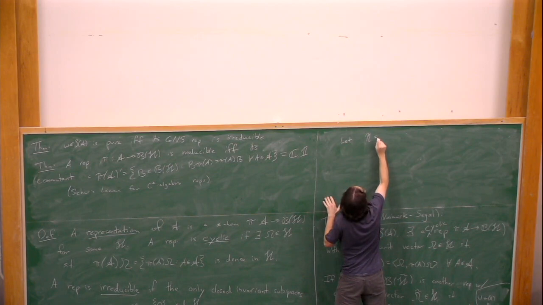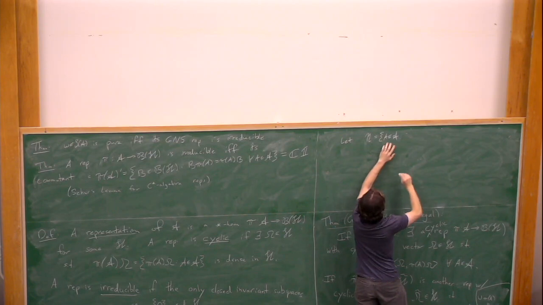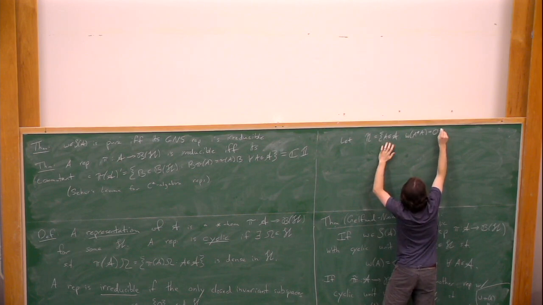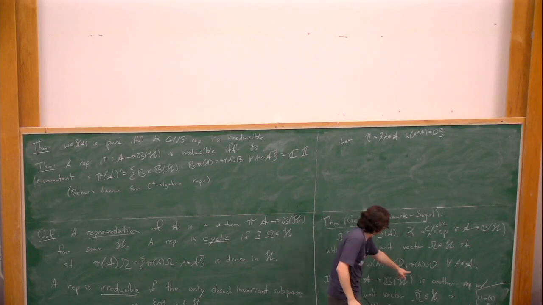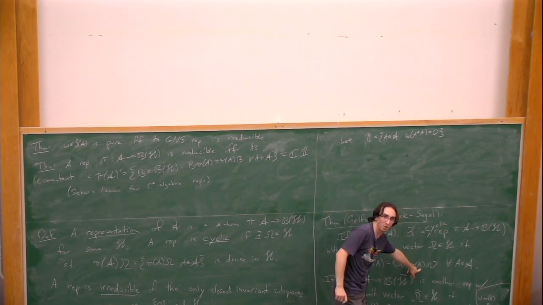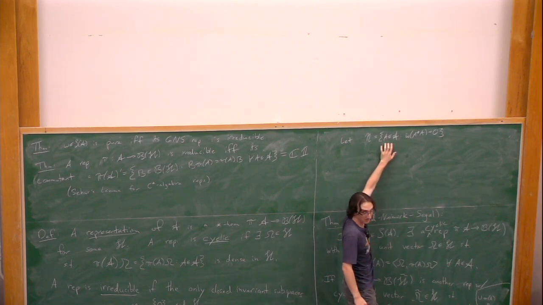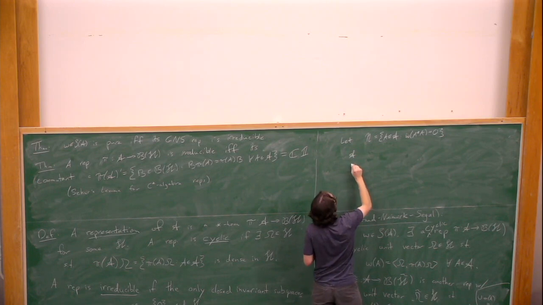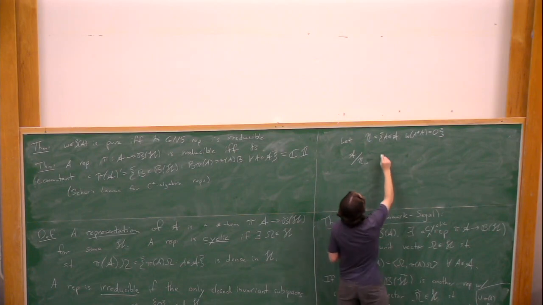Let me call it N. This is the set of A in the C-star algebra such that omega of A star A is equal to 0. If you plug in A star A here, that means that the norm of pi of A omega is 0. So this is the set of operators that annihilate the state. And then for the Hilbert space, you look at the C-star algebra mod this subspace, and it has an inner product.